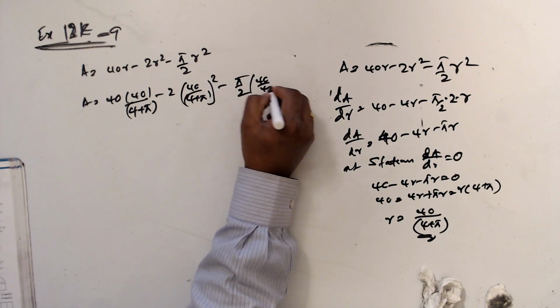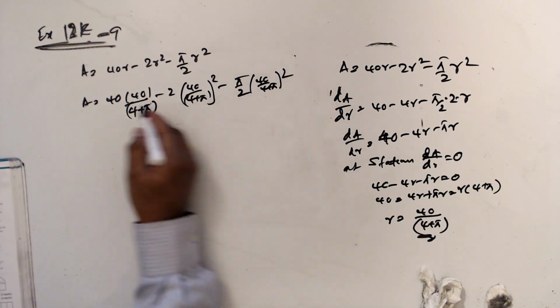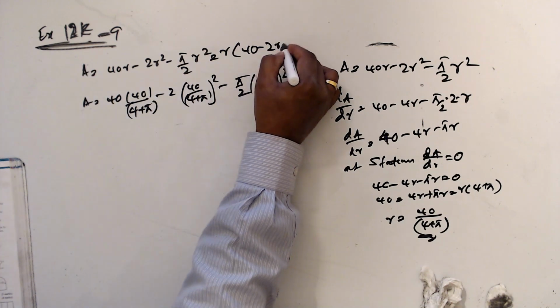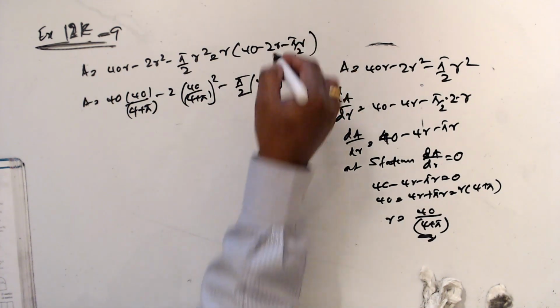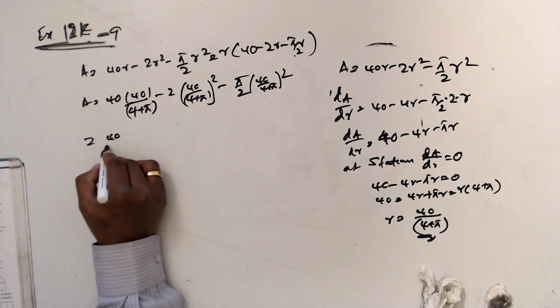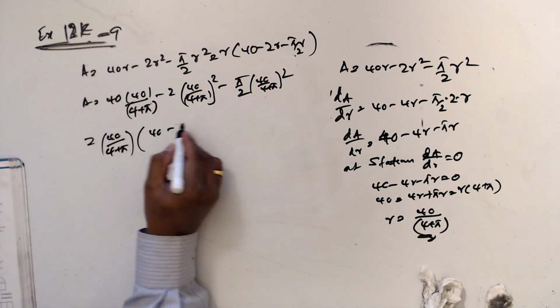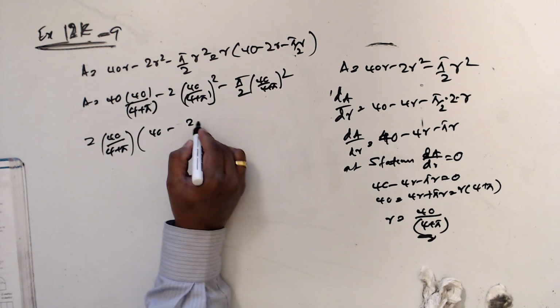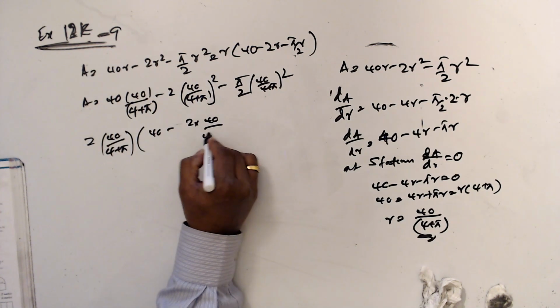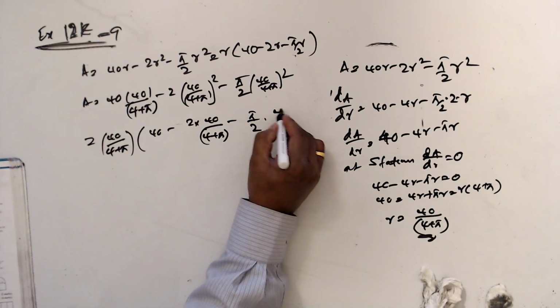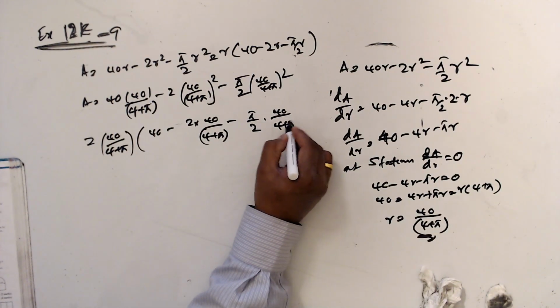Actually we can take R out and simplify. Now we'll take 40 over 4 plus 5 out. So this is 40, this is 2 times 40 over 4 plus 5. This is 5 over 2 times 40 over 4 plus 5.